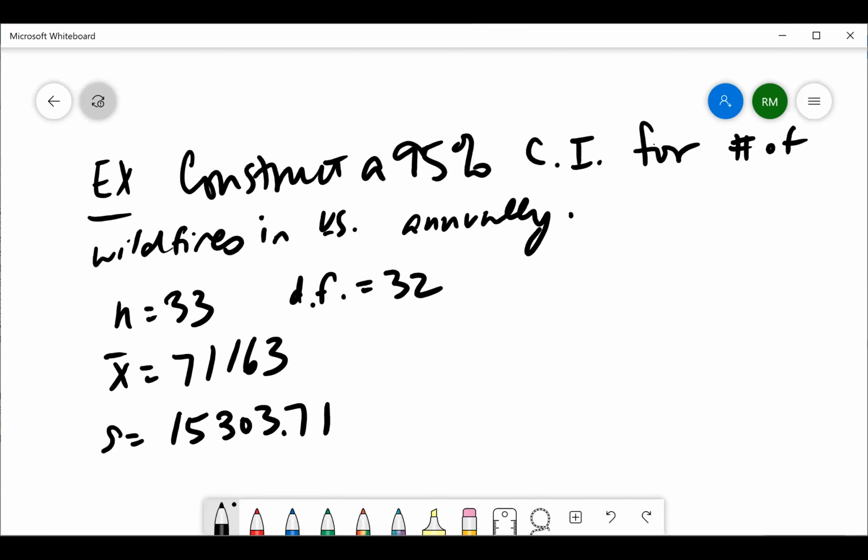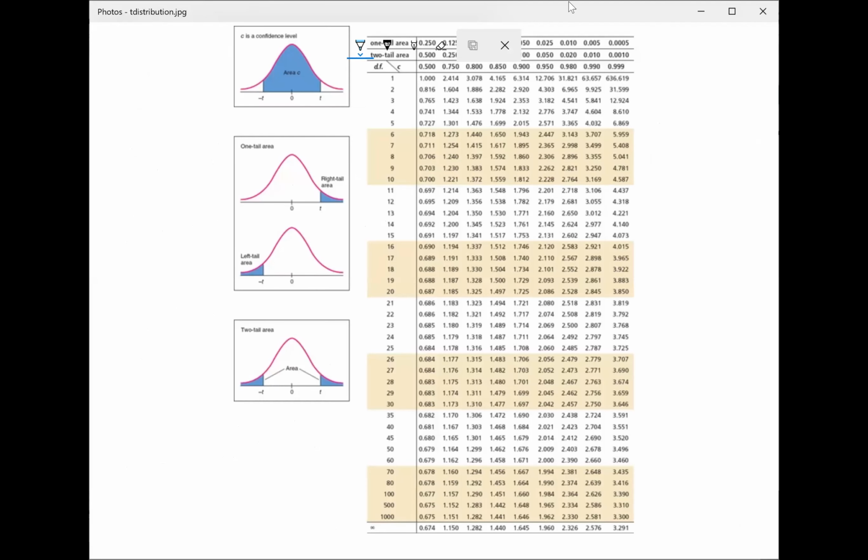So we go to our t table, and we notice that there is no row with 32 degrees of freedom, so we go with 30 instead. Whenever the number of degrees of freedom is not in the table, just go with the one below it.